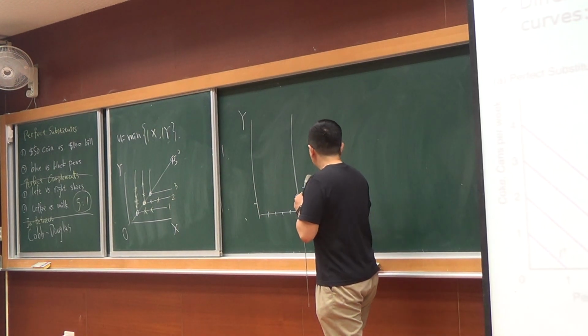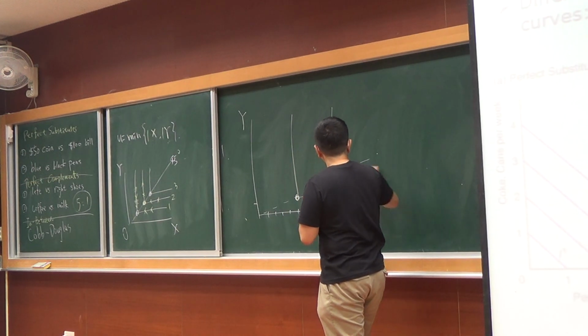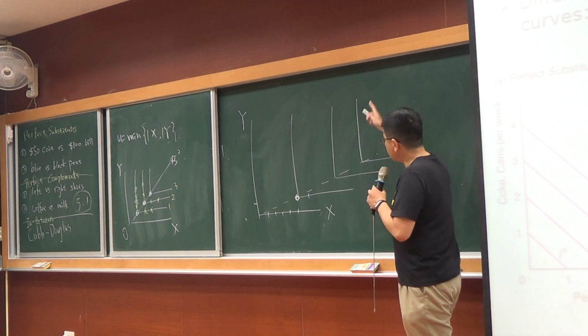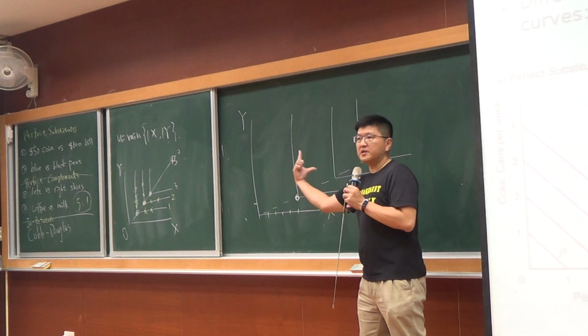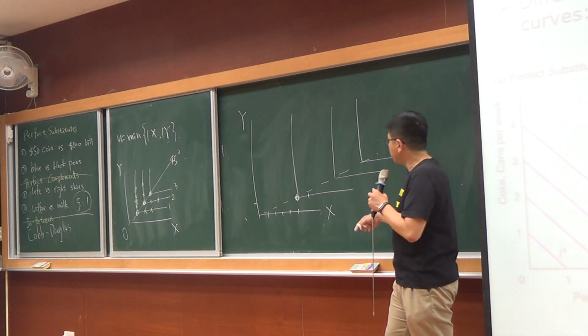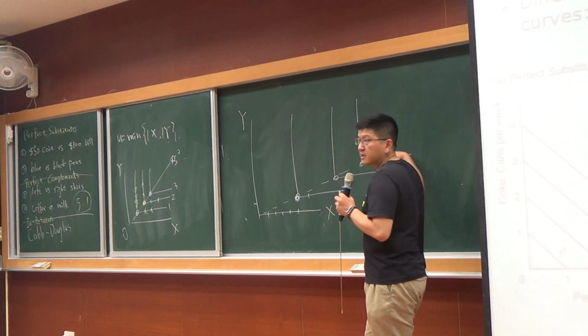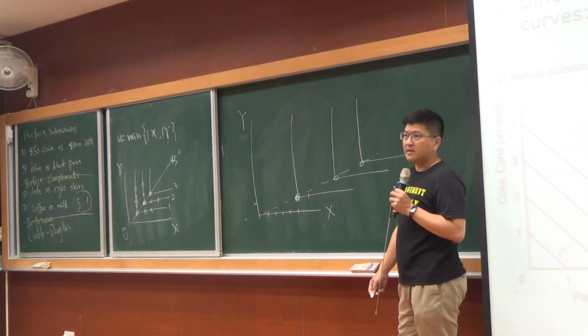Okay? Then you'll see the utility or the indifference curve will look like this. It is still an L-shaped indifference curve, but at the kink point the slope would be 1 over 5. Okay?